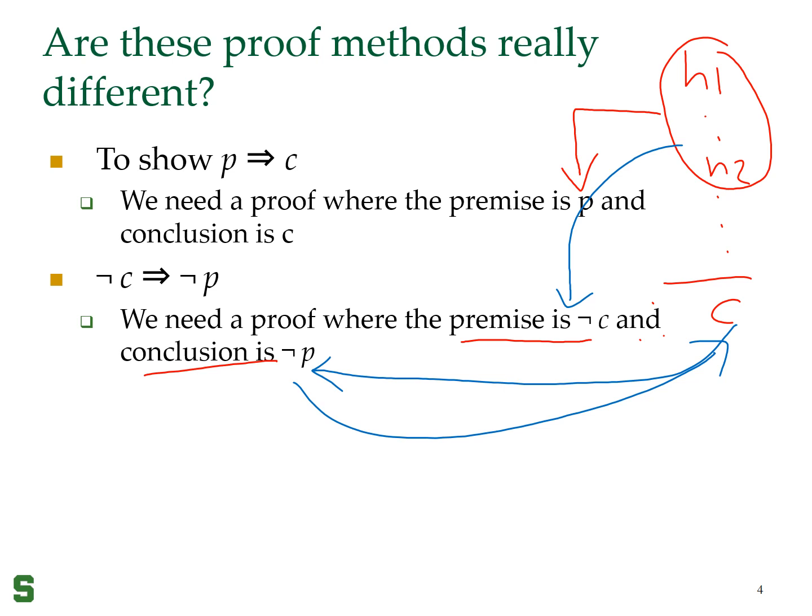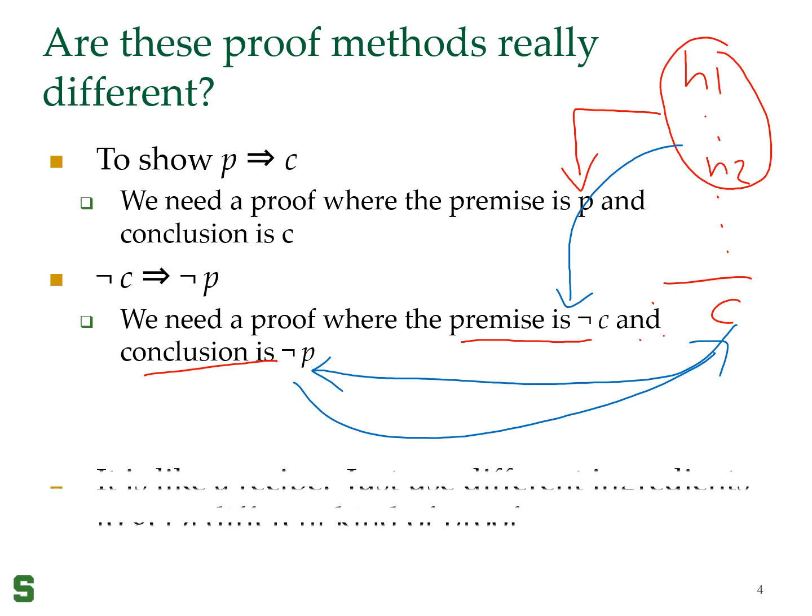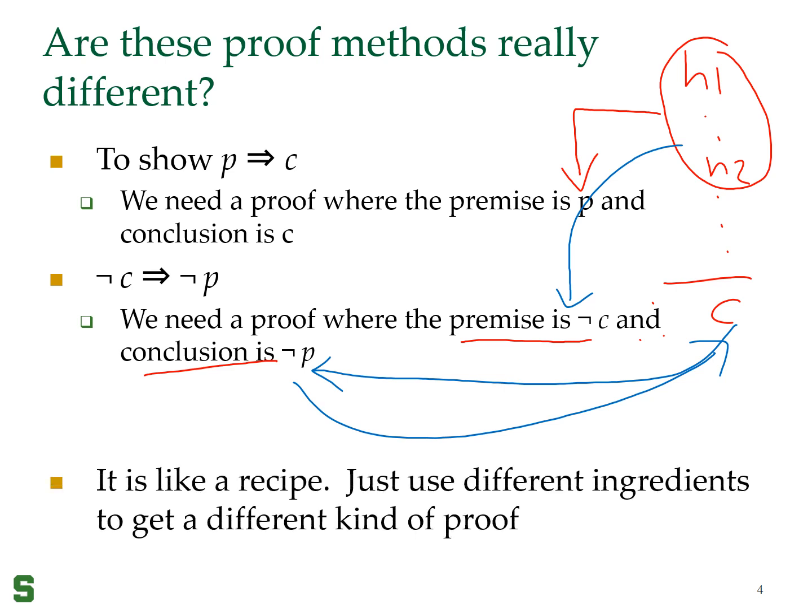Now the same thing will apply for contradiction. I will have a different set of premises and a different conclusion, but that's basically what I have to do. So you could think of these different proof methods like a recipe to write a proof.